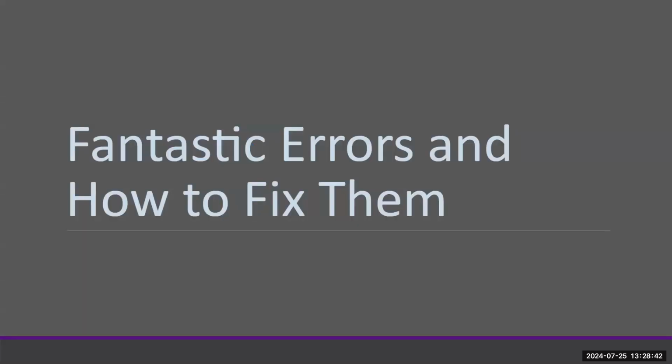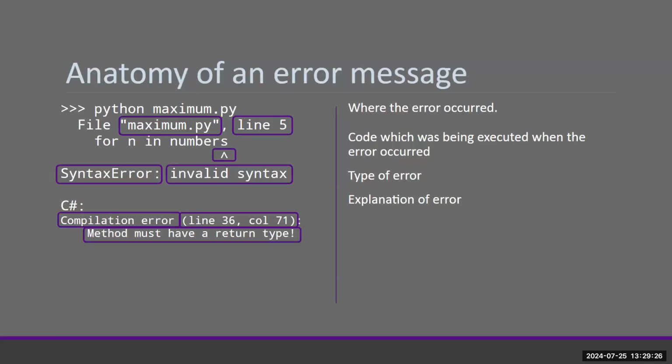All right. So here's one of the great things and also a very upsetting thing that has to do with programming and its errors. You will get so many errors, but you sometimes get some really interesting ones. They all come with an anatomy, and it's usually dependent on the language that you get it from.